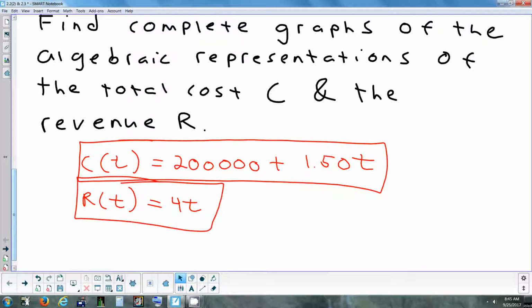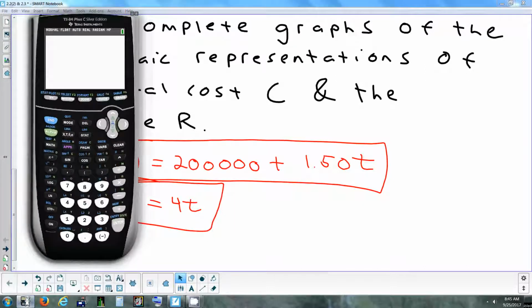So let's graph those and see what they look like. As far as T, what's the minimum number of shirts we could sell, Sam? 1. Even less. Zero. Zero. Might not sell any shirts. The maximum number of shirts we could sell, we don't know.